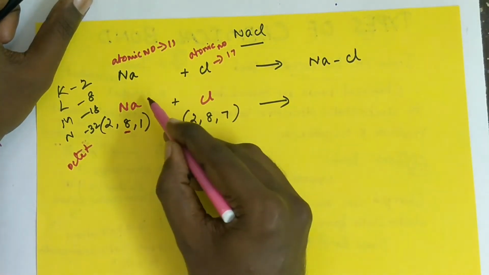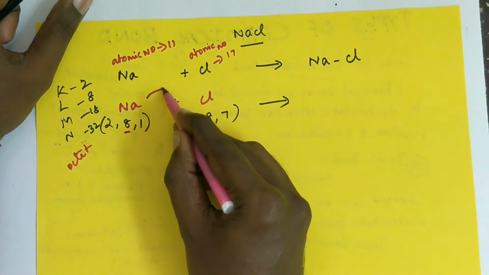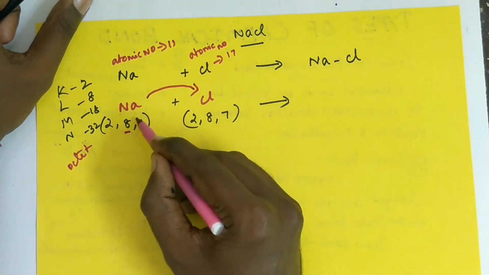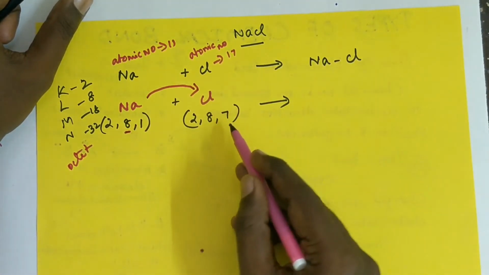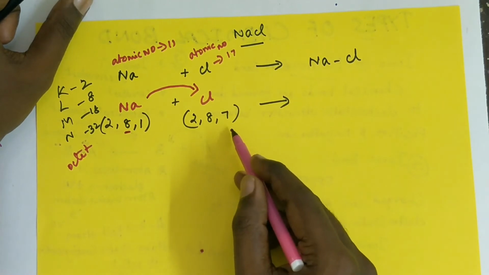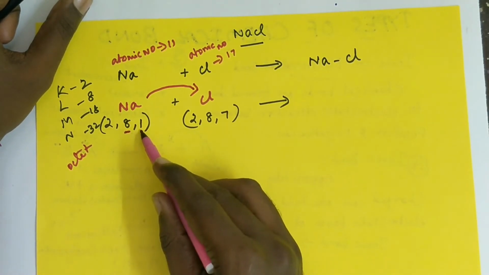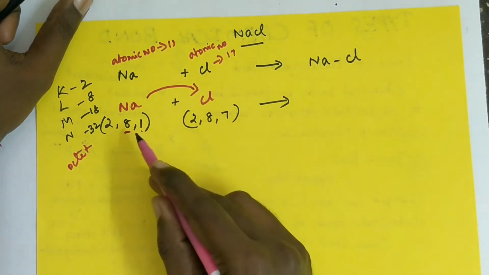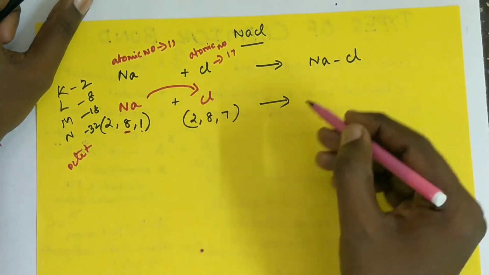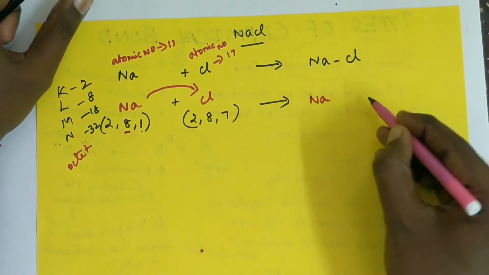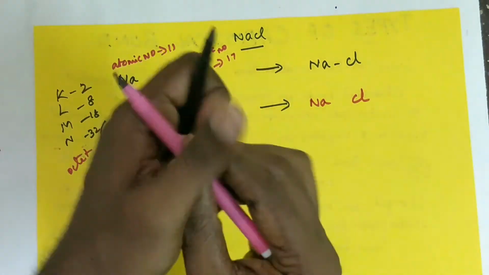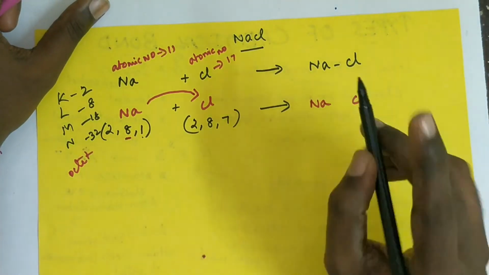So the sodium atom transfers 1 electron permanently to another atom. This 1 electron is transferred to chlorine. So sodium loses its 1 electron in NaCl.